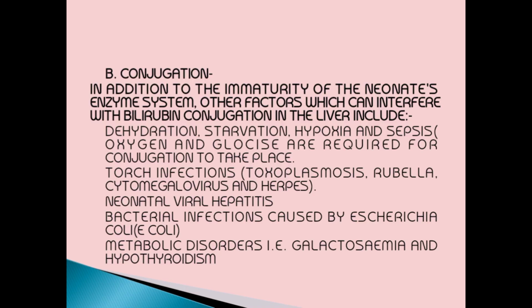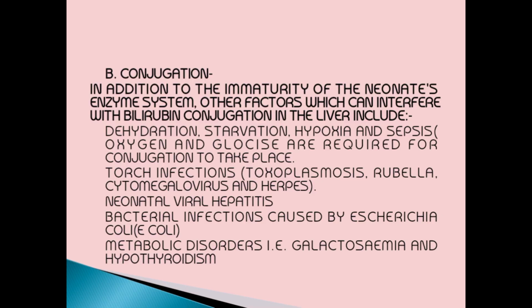Starvation, low levels of oxygen like earlier explained, infection, sepsis. Oxygen and glucose are required for conjugation to take place. If there is absence of these components, conjugation cannot take place, and hence someone will have high circulating unconjugated bilirubin, leading to jaundice.